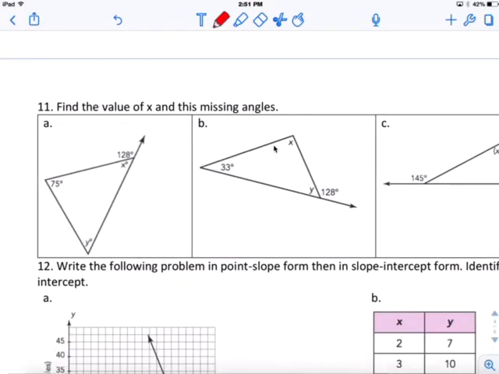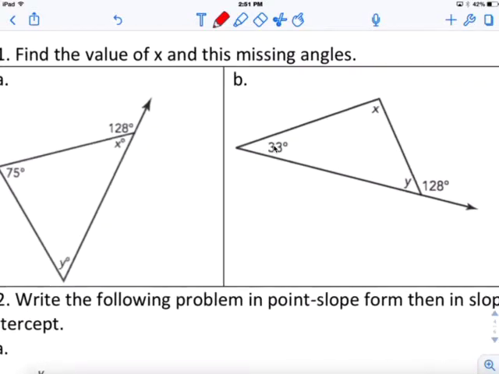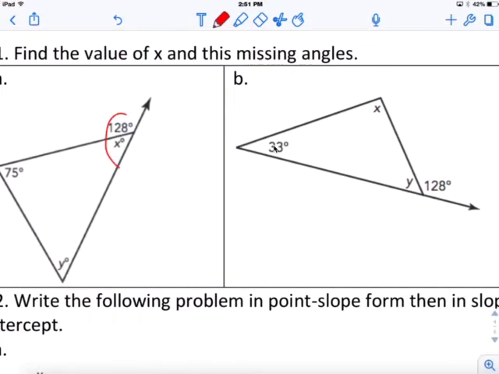Okay. Most of you know how to do this. Find the value of x. Subtract 128 from 180, which is 52 degrees.